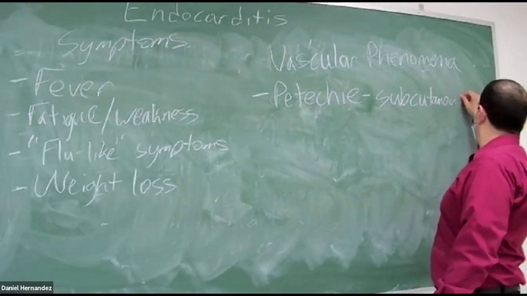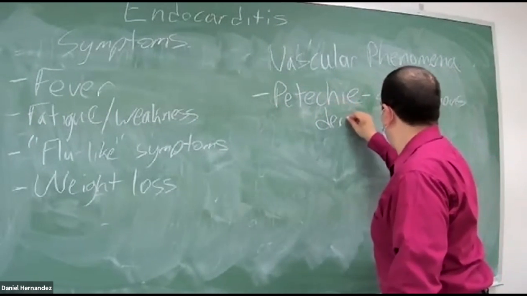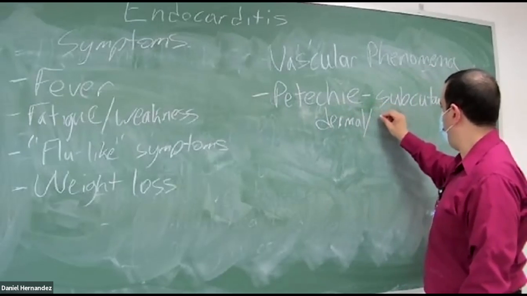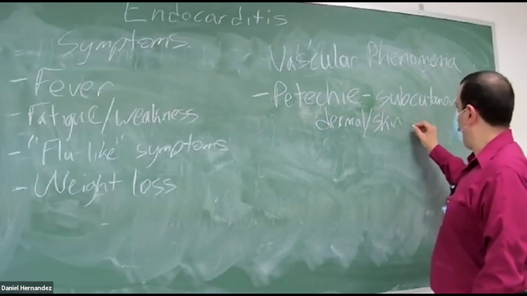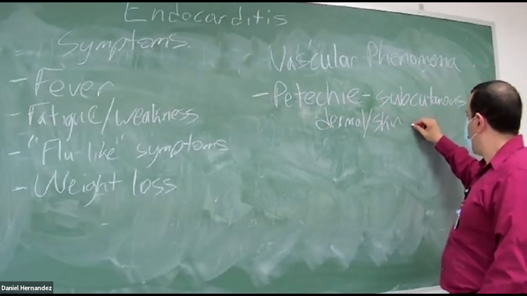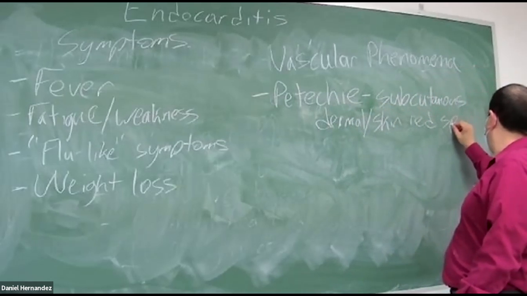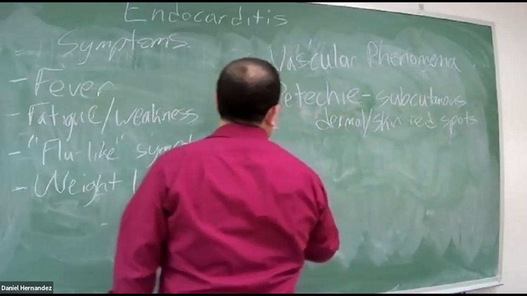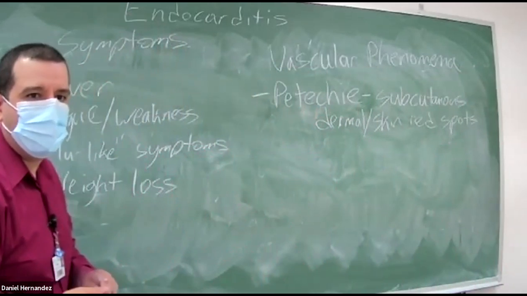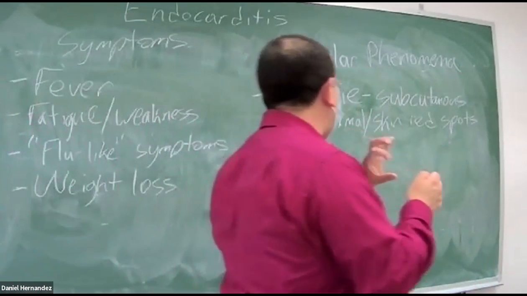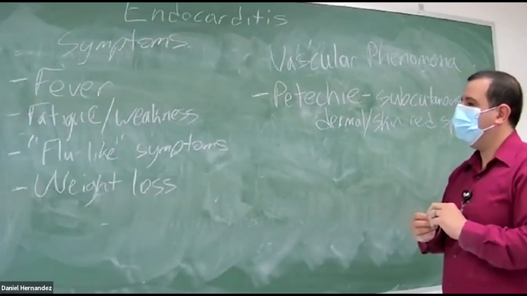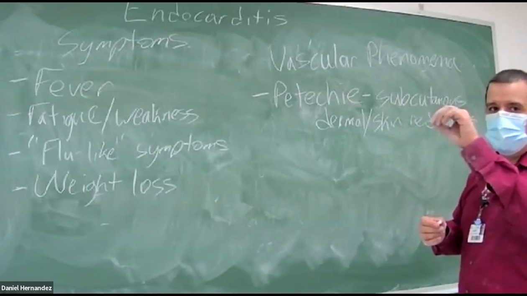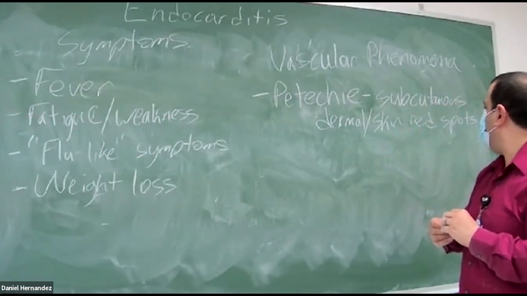We think of dermal as within the skin. Red spots. This is kind of like a rupturing of small capillaries. It's usually due to microemboli reaching the capillary beds, and you develop these little patchy red spots in the skin.